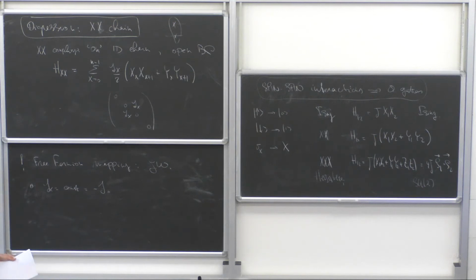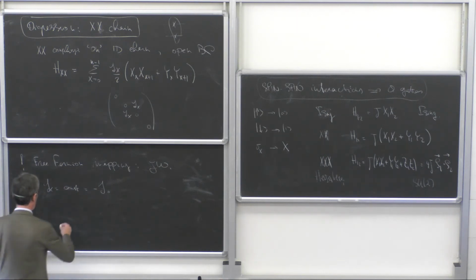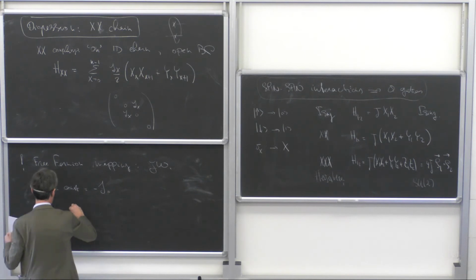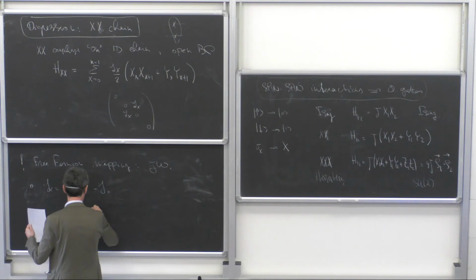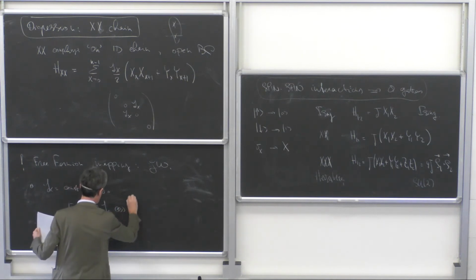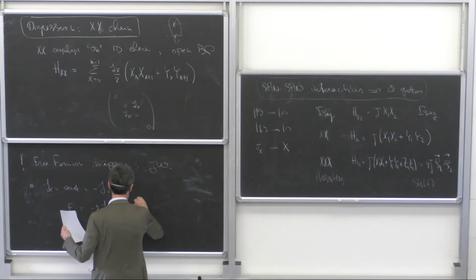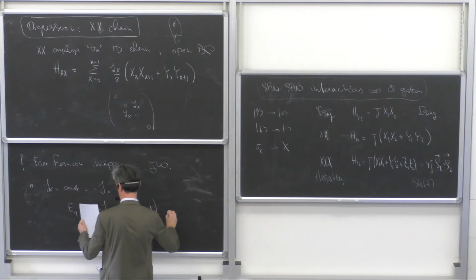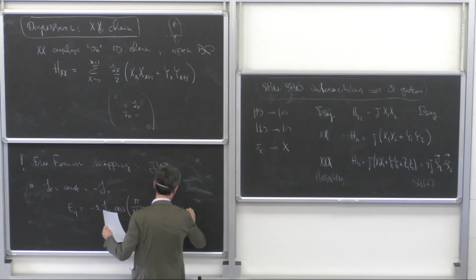For example, if I look at states with one spin up and the rest spin down, that's Hamming weight 1 in computer language. The one-particle states have energies E_j equals minus 2 J_0 cosine of pi j over n plus 1, for j equals 1 to n.